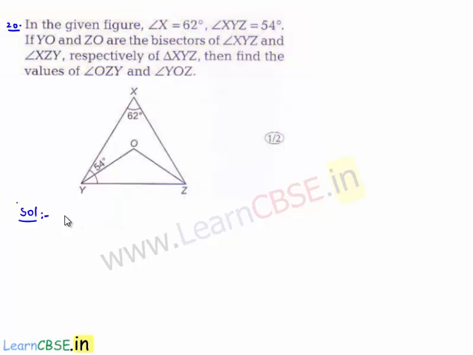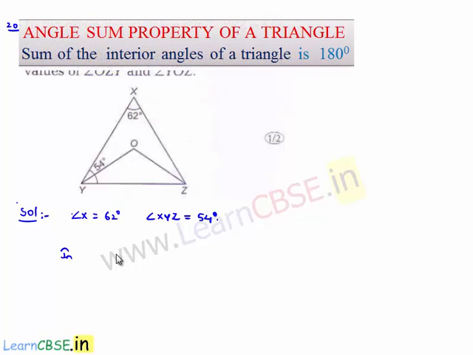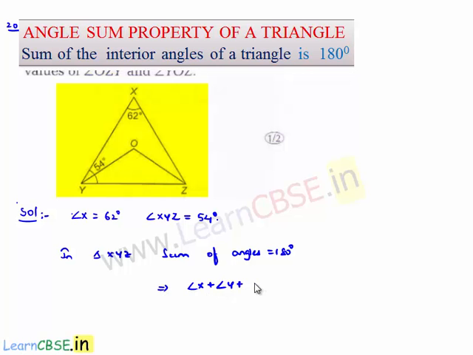Here it is given that in triangle XYZ, angle X is equal to 62 degrees, angle XYZ is equal to 54 degrees. Now we know that by the angle sum property, the sum of angles in any triangle is equal to 180 degrees. That implies angle X plus angle Y plus angle Z is equal to 180 degrees.